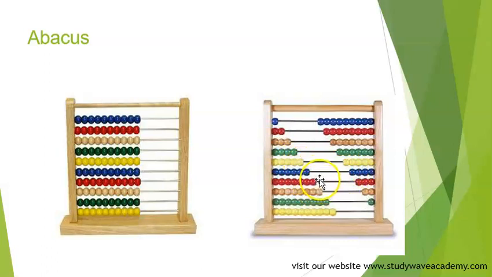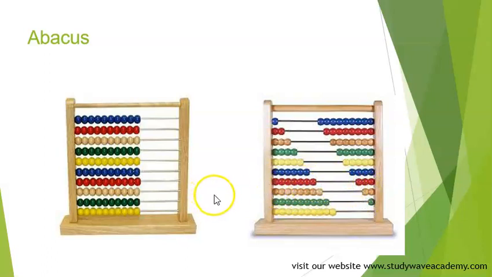We remove 7 beads from the other side. When we remove 7 beads, we count 1, 2, 3, 4, 5, 6, 7. We have 7 beads. We do the same for 8 beads if we want to count 8. We count 8 beads out of the other beads. 1, 2, 3, 4, 5, 6, 7, 8.